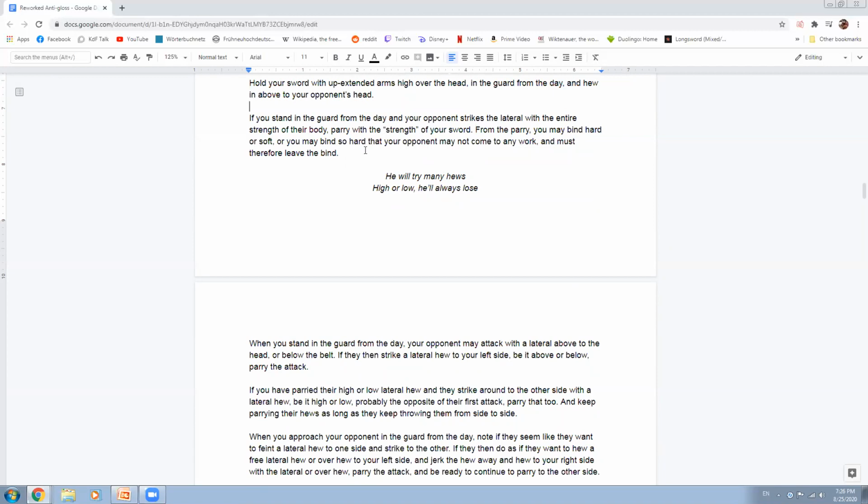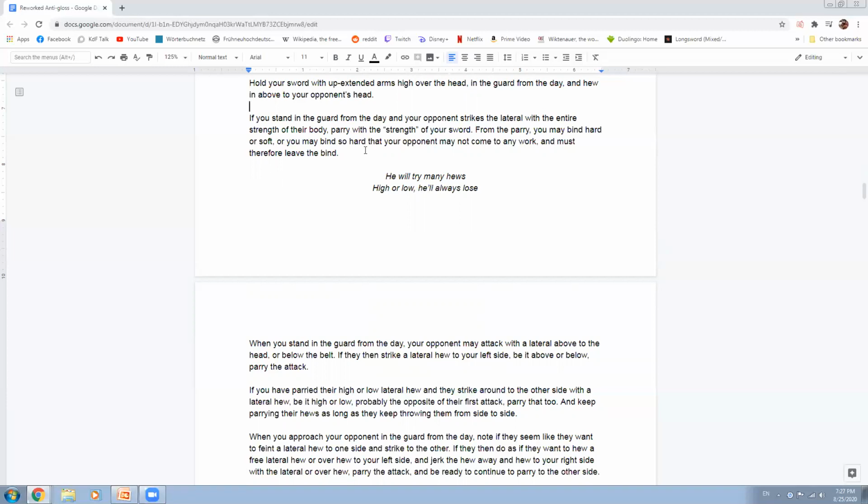So what this made me think of was that you need to realize how your movements are going to be perceived by your opponent. Because a lot of times when we're looking at the gloss, we say, okay, you go into this bind, if he's hard, do this, if he's soft, do that. But it's never really addressed how the opponent is going to react to our pressure.